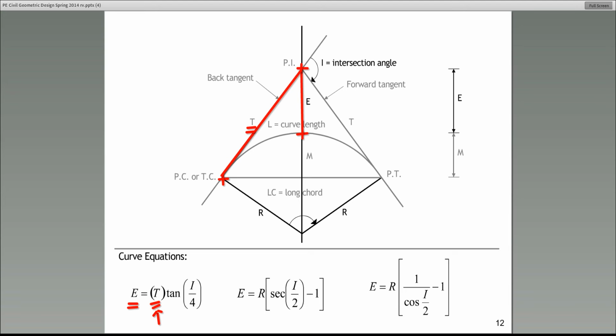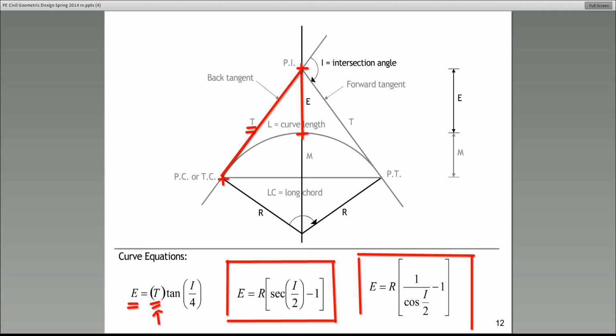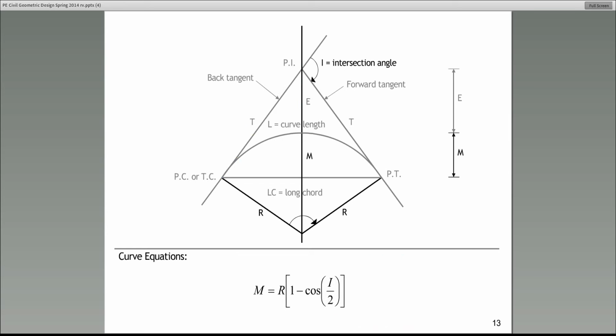Now, there are two other equations on this page, and you can choose any of these three equations based on what the known values are to find the external distance E. I have some example problems that will demonstrate this to us in a few slides.